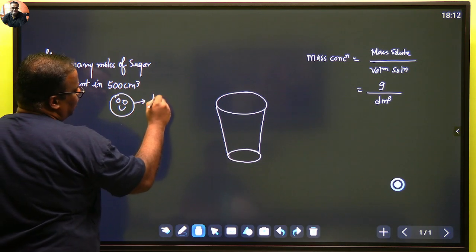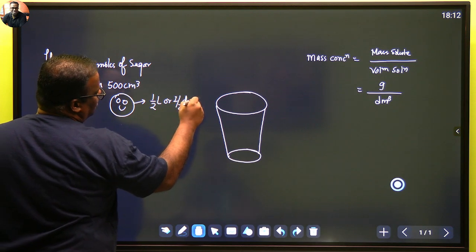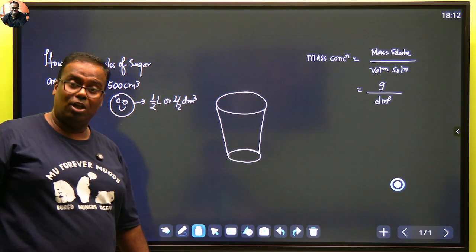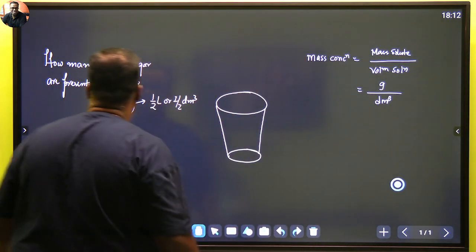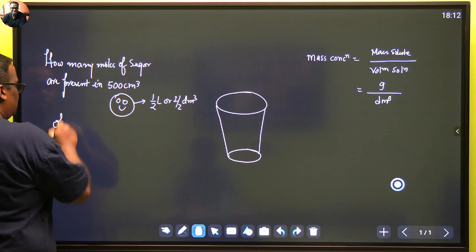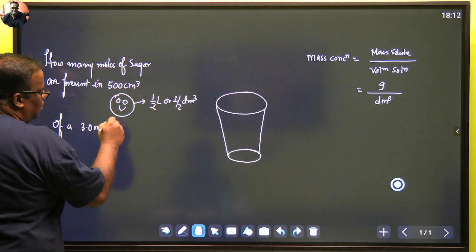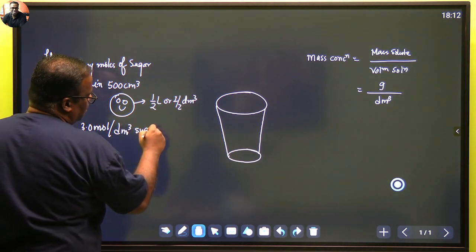Half liter, very good, or half dm cube. Remember this, it should strike your mind because 1 dm cube is 1000 centimeter cube. Okay, 500 cm cube of a 3.0 mole per dm cube sugar solution.